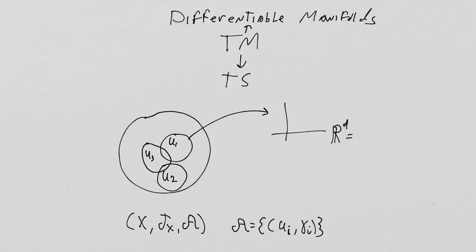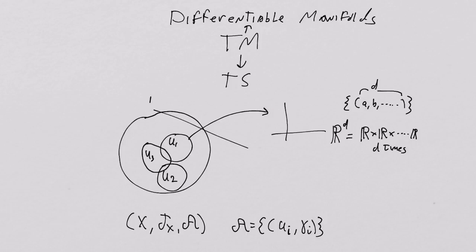And RD, remember, is shorthand for R cross R D times. That is the set of all ordered D-tuples, A, B, etc., where there are D entries. So these maps gamma are homeomorphic maps, which means they go in both directions.